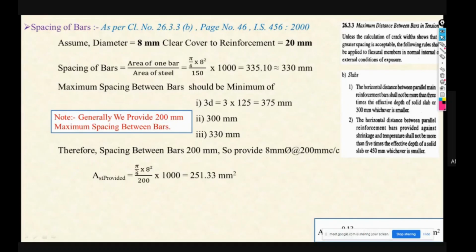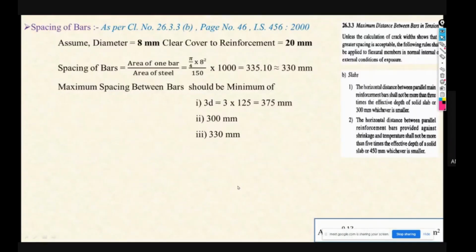So the area of one bar, that is pi by 4 into 8 square, divided by spacing, 200 into 1000, gives 251.33 mm square. So this is the provided reinforcement, because we again require it for the percentage calculation. Okay, so this is our provided reinforcement, 251.33 mm square. Before proceeding, any doubt?